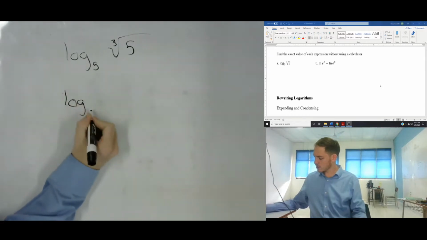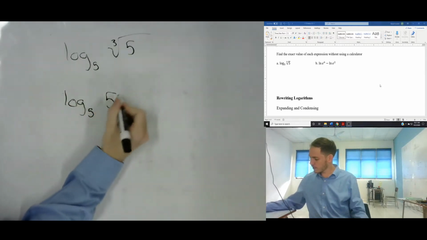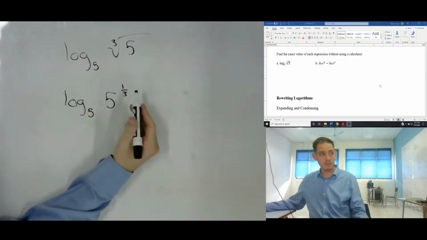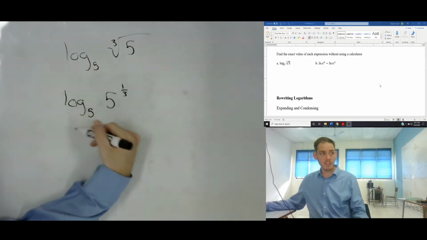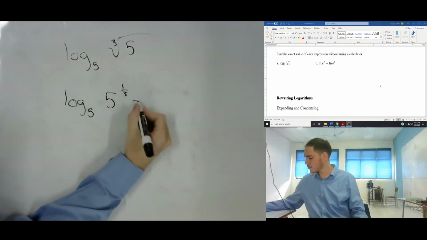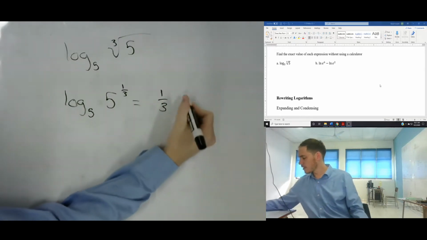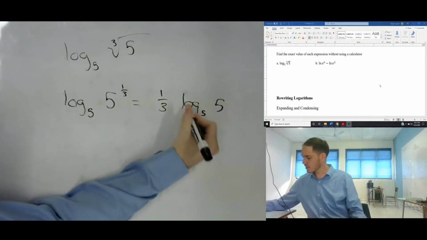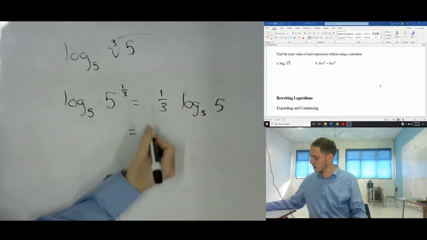So we're going to turn this into log base 5 of 5 to the 1/3. If you see that, we actually know our answer immediately because the 5 and the log base 5 are going to cancel. But we can rewrite this. So we get log base 5 of 5. Now these two cancel, that becomes 1, so our answer is 1/3.